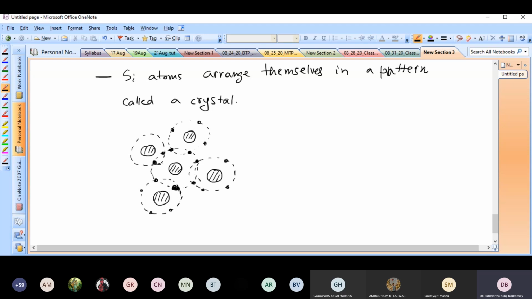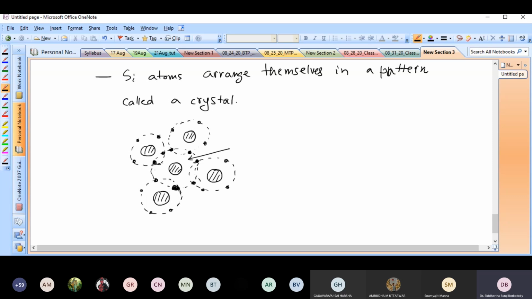This is another 1, 2, 3. Okay, so basically what we are saying is that if you look at one central atom, this particular atom, it has 4 neighbors, and from each neighbor, it borrows 1 electron.